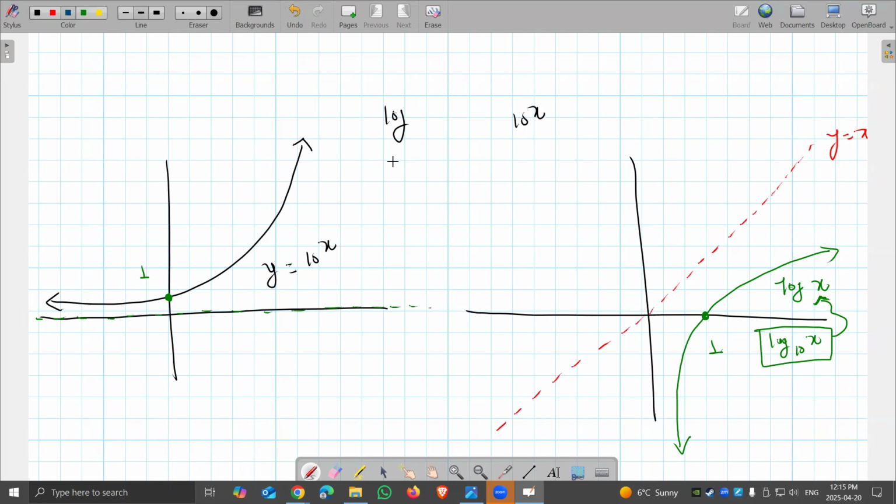On the other side, on a calculator, there's the ln button. Ln stands for the natural logarithm. Ln is the inverse of e to the power of x. So e to the power of x would look something like this.